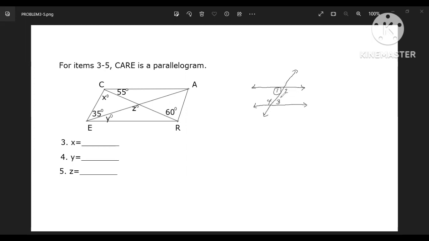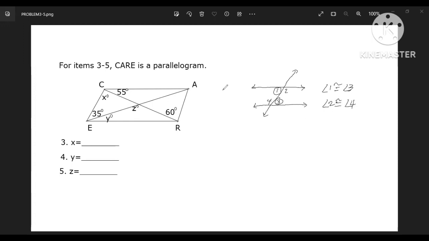Angle 1 and angle 3 are alternate interior, no? Bakit interior? Kasi nasa loob sila ng parallel lines, at the same time, alternate sila. They are not on the same side, no? Okay? So, angle 1 is congruent to angle 3. Likewise, angle 2 and angle 4 are alternate interior angles, so congruent din sila, no? Angle 2 is congruent to angle 4.